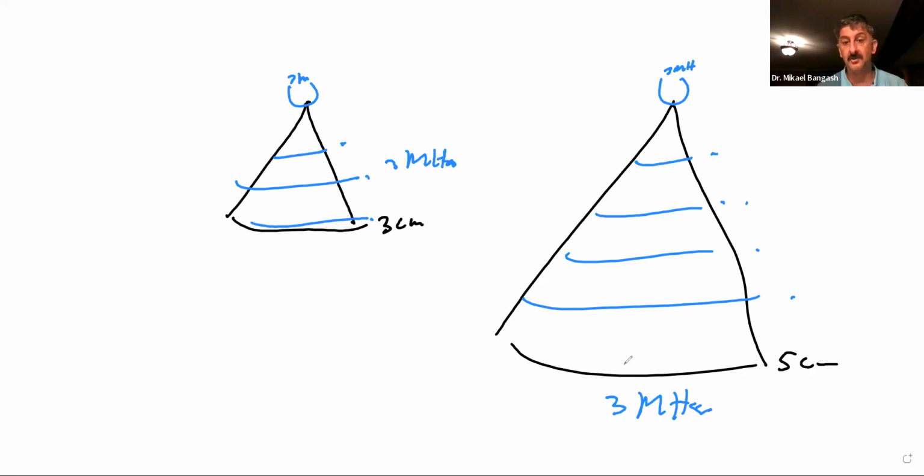If it was 7 megahertz, it's going to remain 7 megahertz. Did you ladies get that? Yes. So the frequency remains unchanged. So does the period.